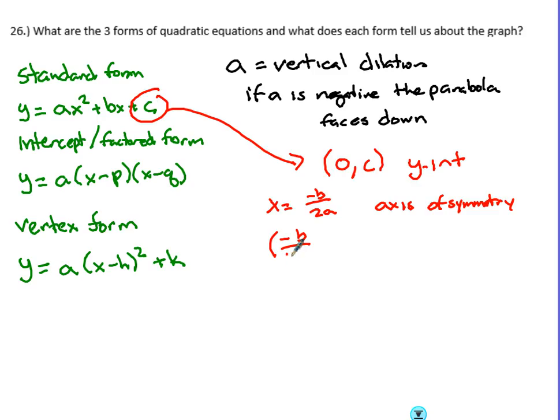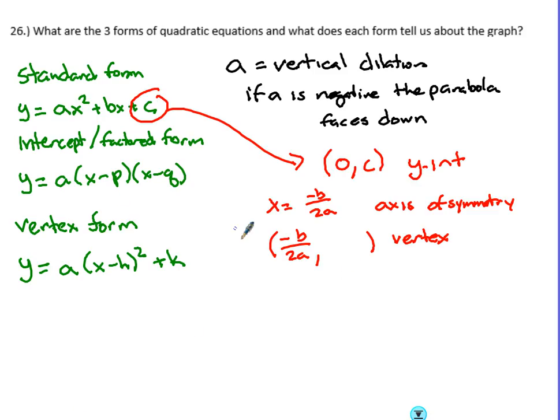Because the point of negative b over 2a, comma, something, is equal to the vertex. When we get the negative b over 2a value, we plug that back into the equation to come up with the y of the vertex.